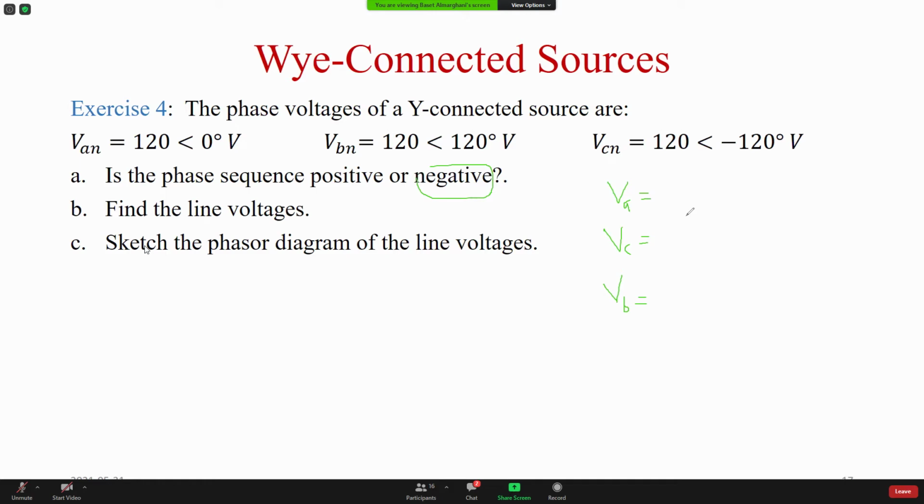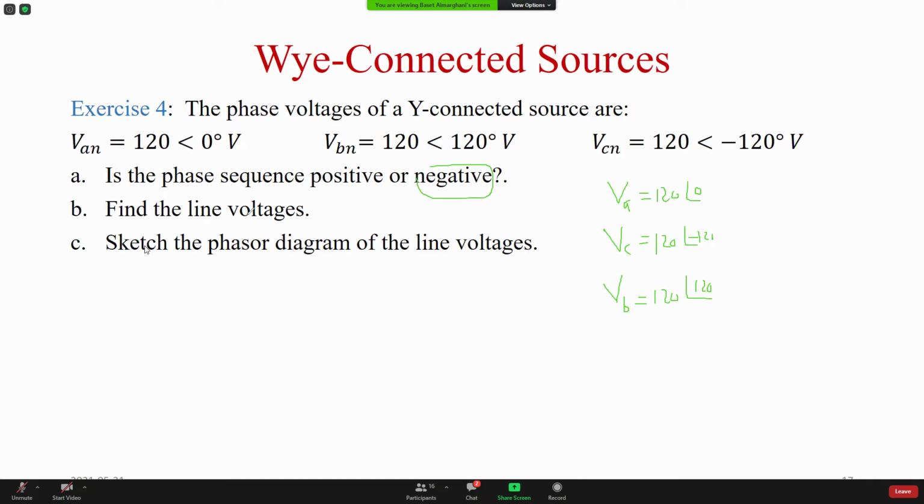So what we have: 120 angle 0, 120 minus 120, and 120 plus 120. This is the sequence.